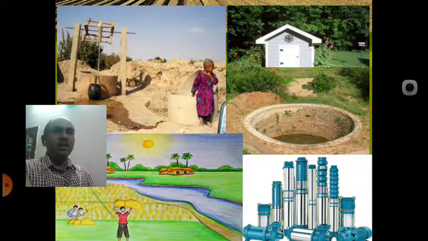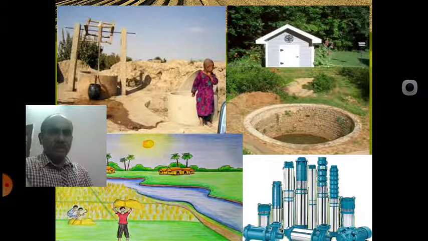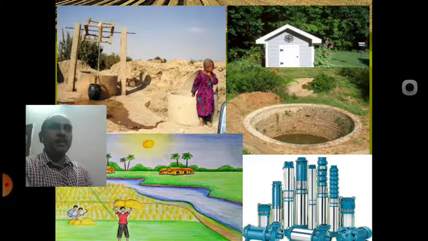Nowadays open wells are very rare and only submersible pumps are increasing, to take the water from very high depth, nearly above 600 meters, 600 feet, 300 feet nearby, that is the lakes or rivers.